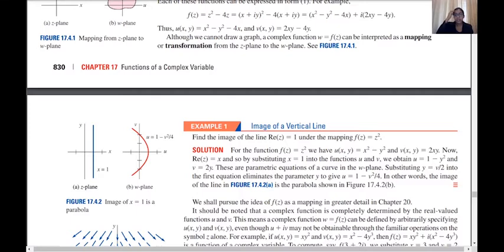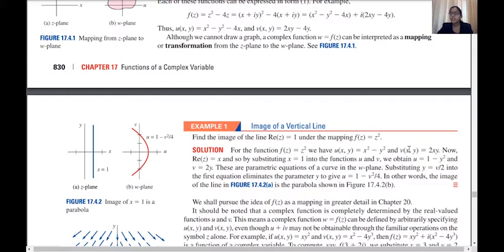Now if we substitute the value x is equal to 1 in u of x,y and v of x,y, we get u is equal to 1 minus y square and v is equal to 2y.